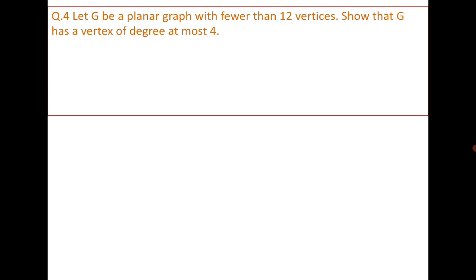So again we'll try it by contradiction, which means let us assume that G has no vertex of degree at most 4, which means all the vertices have degree at least 5, and therefore the degree sum would be greater than or equal to 5n. But for planarity we know that the number of edges is less than or equal to 3n minus 6, which means that the degree sum is less than or equal to 6n minus 12.